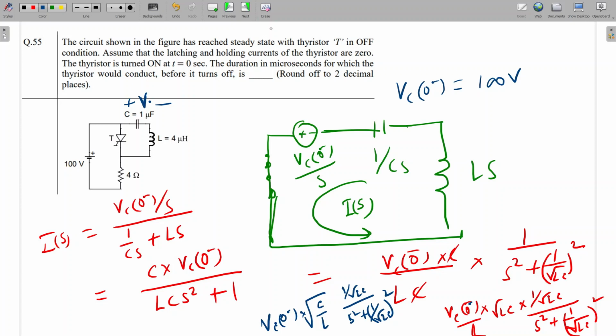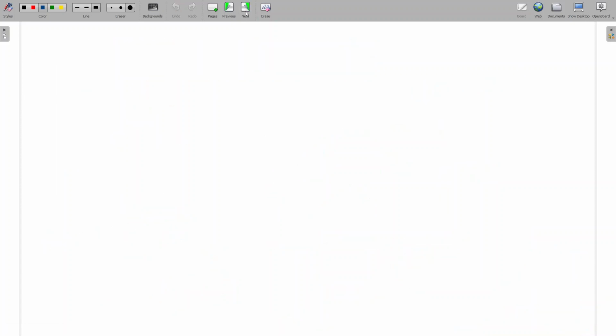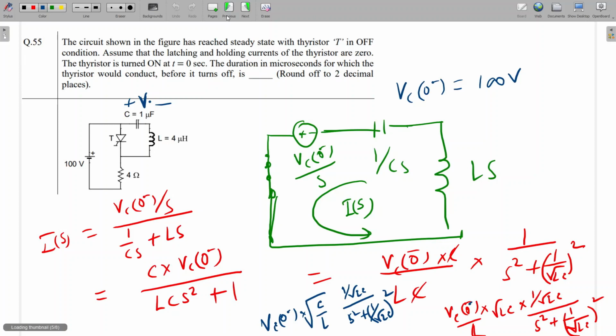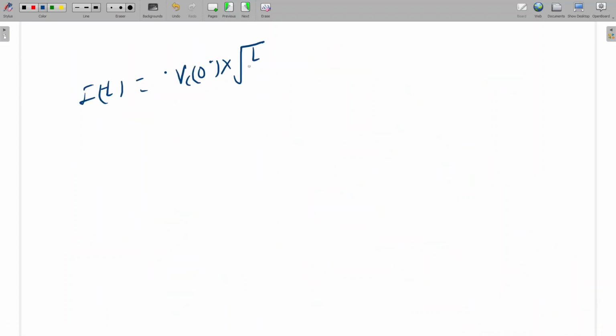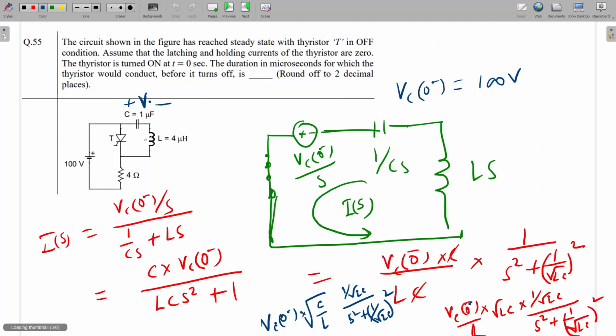So i of t we can write as VC(0-) into under root C by L sine omega naught t. What is the omega naught value? Omega naught is equal to 1 by under root LC. So this will be the current through this circuit when this switch is turned on.